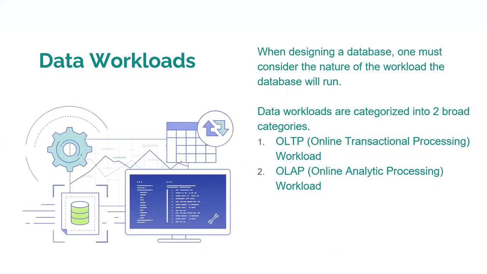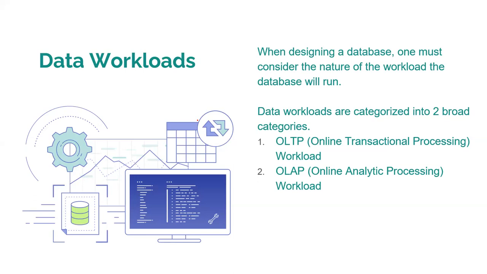Also, a relational database has different kinds of workload, two major workloads: OLTP, online transactional processing workload; and OLAP, online analytical processing workload. Online transactional processing workload is more useful for write procedures. What would be my write procedure? Constant updates on the database.